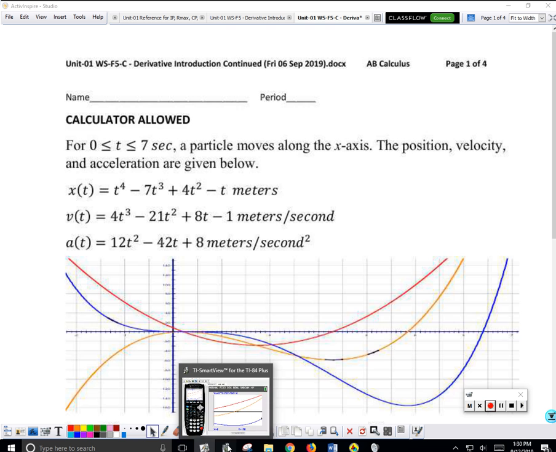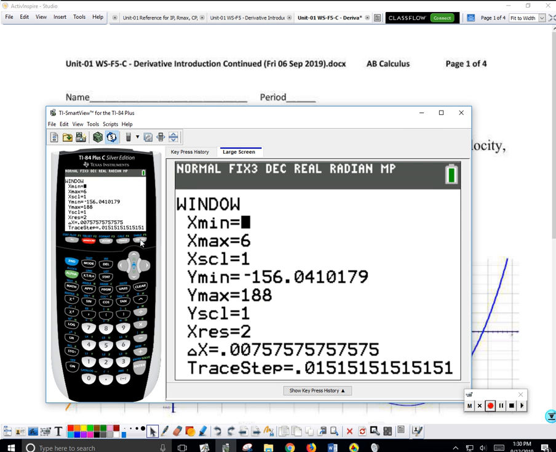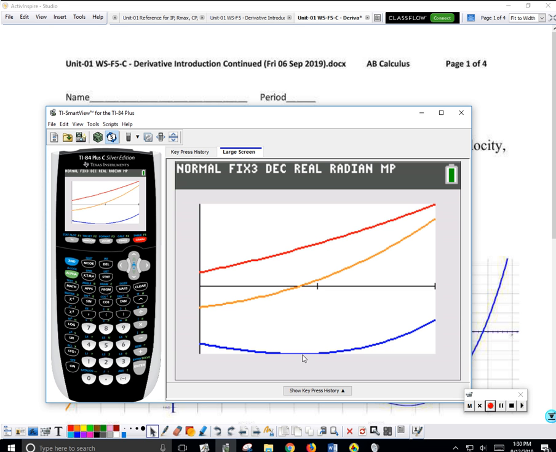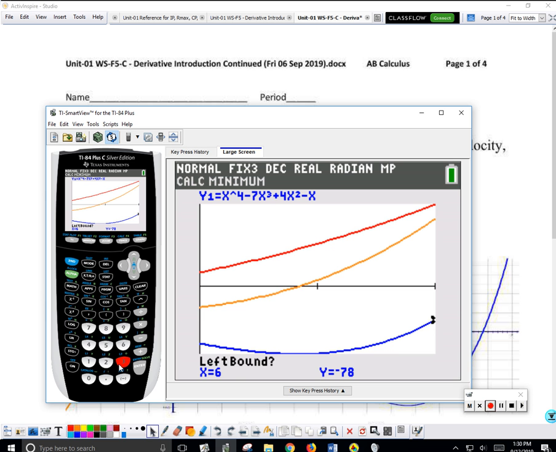So if I go here, window, we're already 4 to 6. I need to find the bottom right there. So you do this, second calc, and choose minimum. It says left bound, so you move the cursor to the left of where the minimum is going to occur.